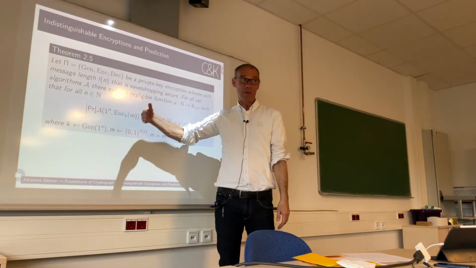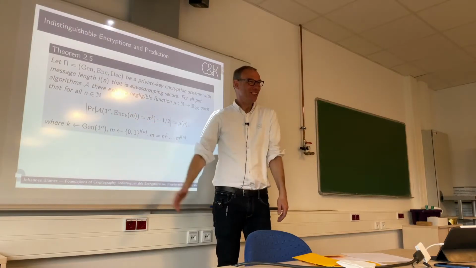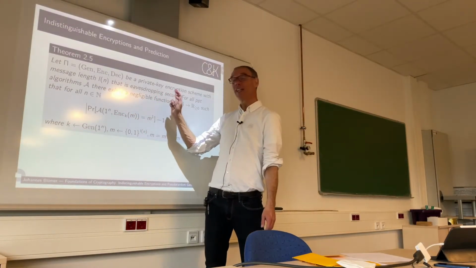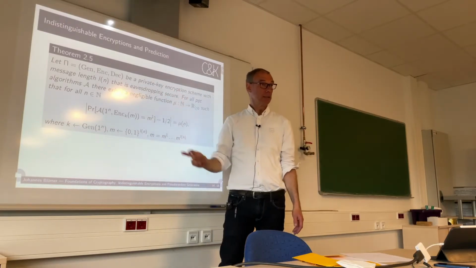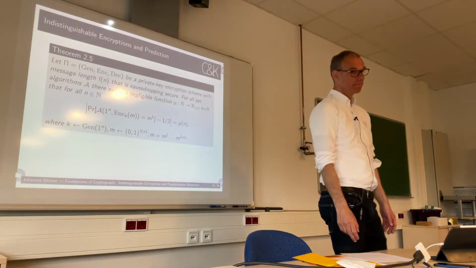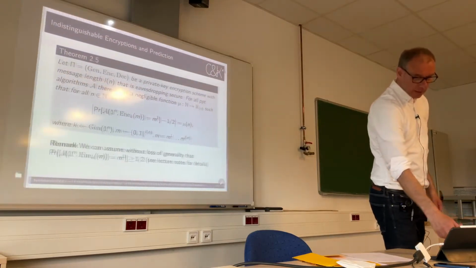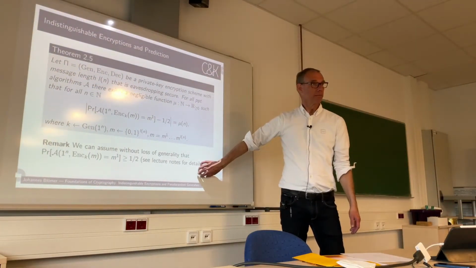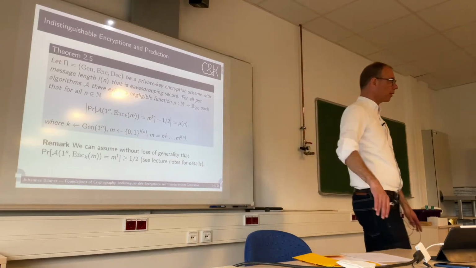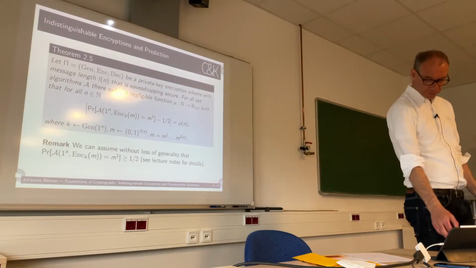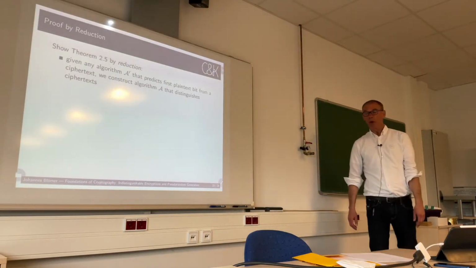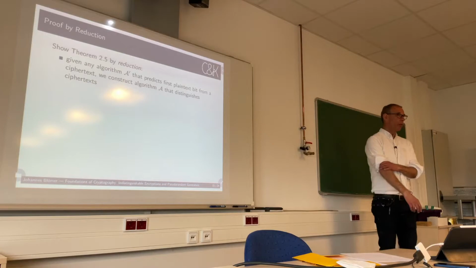Well, for every A, we have to do this, right? Using that it's eavesdropping secure. Okay. And here in the proof, I will use this assumption, as you see. So what we do now, more precisely, we show this theorem by a reduction.